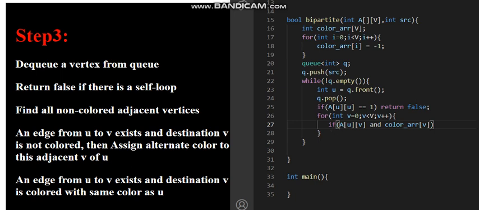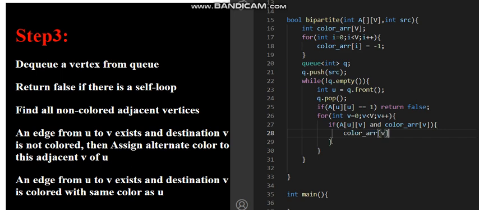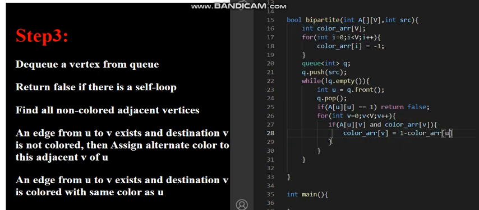So this implies that if an edge from u to v exists and the destination v is not colored, then assign the alternate color to this adjacent v. So let's give v a different color from the color of u, right?